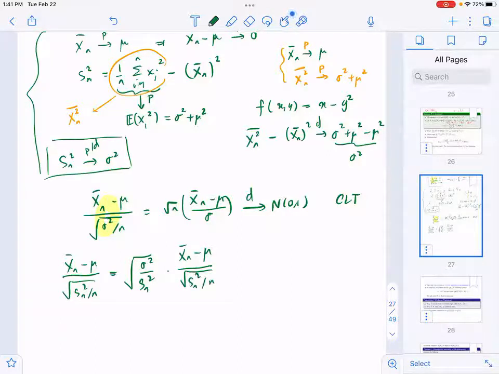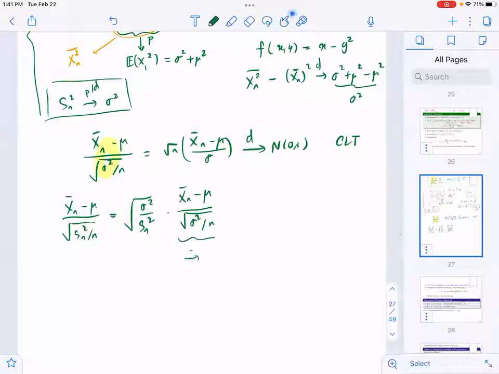So divide and multiply by the square root of sigma squared divided by Sn squared. Now this is sigma squared, so this is hopefully true, right? This converges in distribution by the CLT to normal 0, 1. We know this is true.